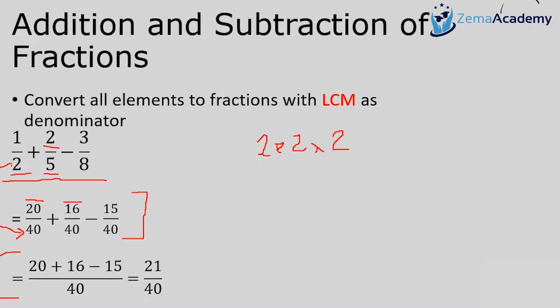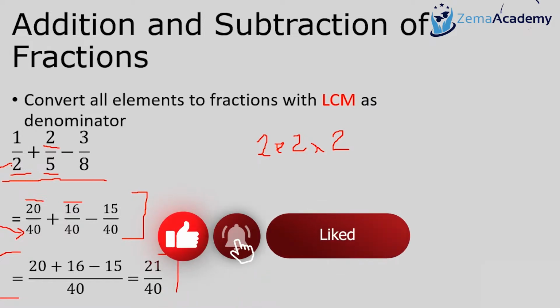Again, if you want to check that with your calculator, you can, but that means the same thing. And again, it's reducing the amount of information we have to do. And if we want to calculate it out, it's reducing the amount of processes we have to follow. So, if I do 20 plus 16 minus 15, that's 20 plus 1, and that gives an answer of 21 over 40.